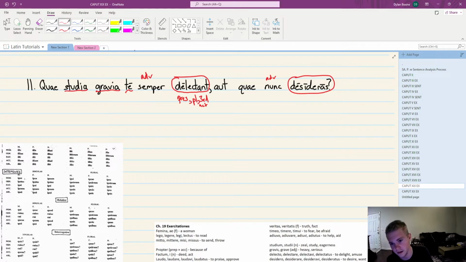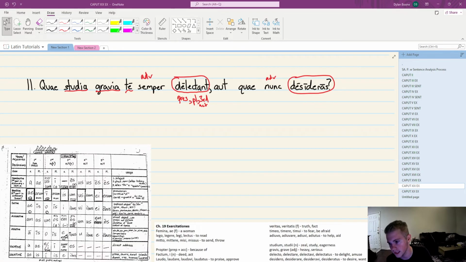Studia gravia is the next part of this sentence. Studia gravia, studies, right? Studium, studii, that is second declension, neuter. Studia, 2 options. Nominative plural, accusative plural.